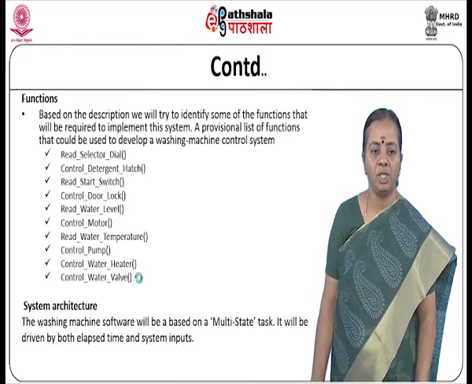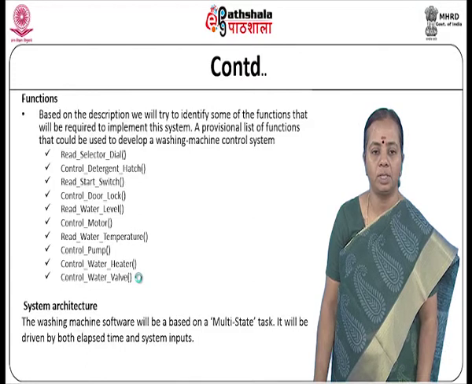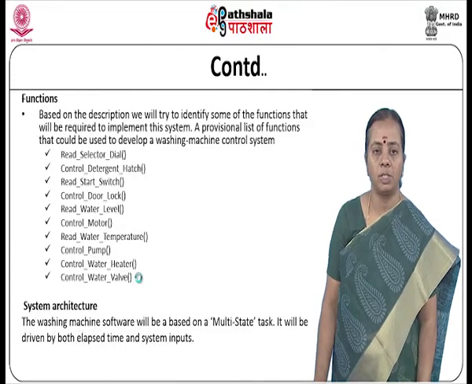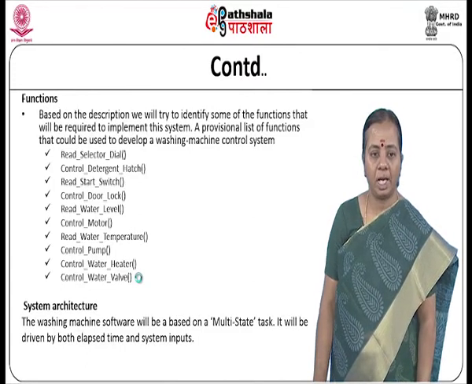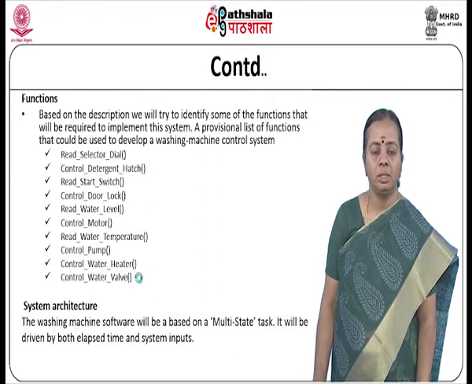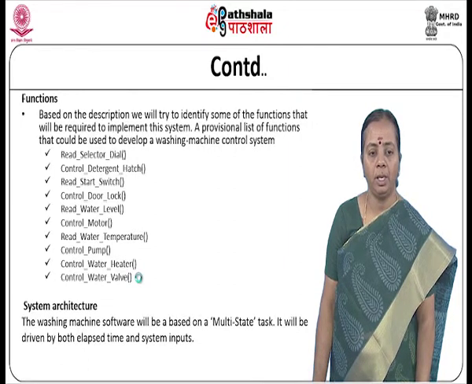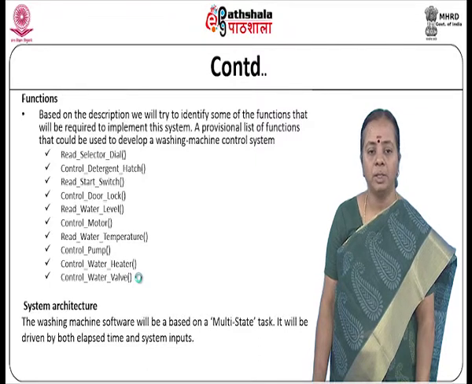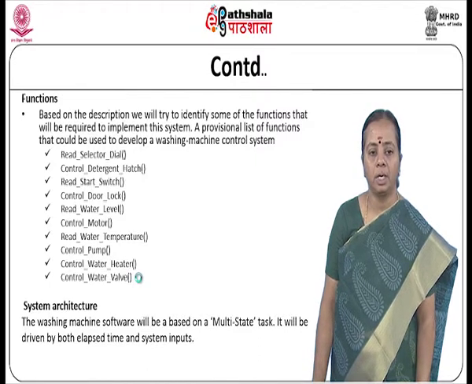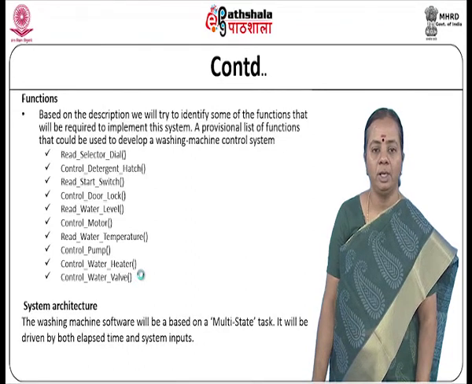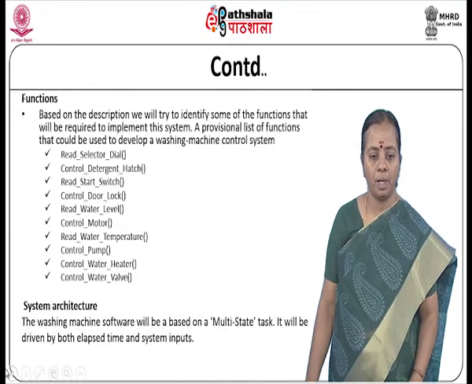A list of functions that could be used to develop this washing machine control system are: read selector dial, control detergent hatch, read start switch, control door lock, read water level, control motor, read water temperature, control pump, control water heater, and control water valve. These are the functions we use in order to implement the washing machine properly.